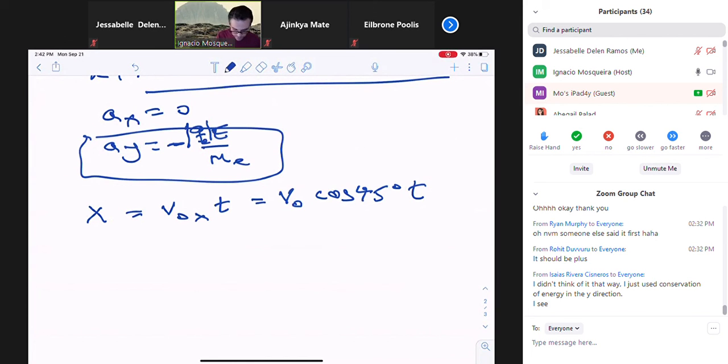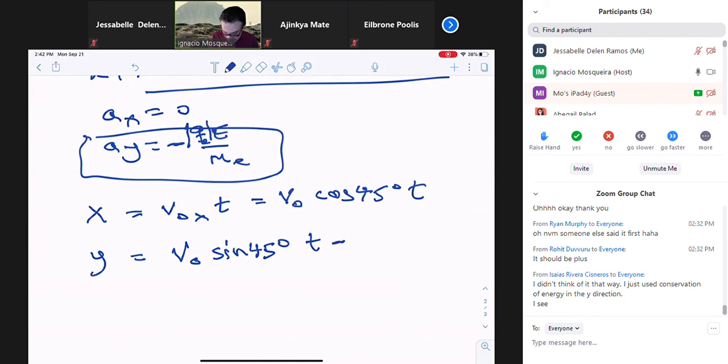Now the Y component of the electron would be V0Y, which is V0 sine of the angle, times time. That's the initial speed in the y direction, V0 sine of 45, plus the acceleration term, but let me already put the right formula.